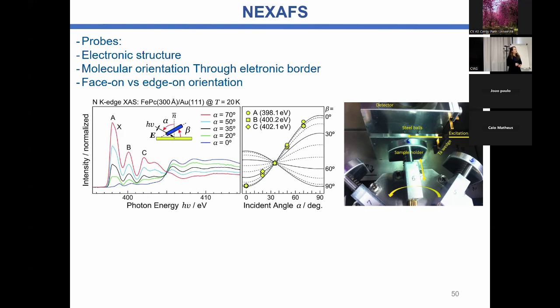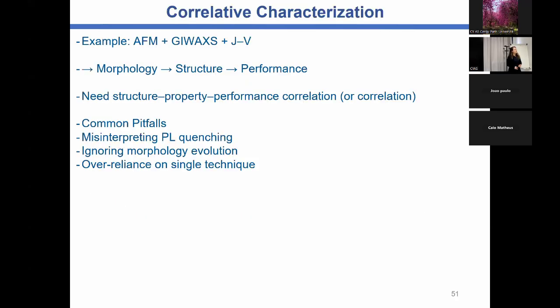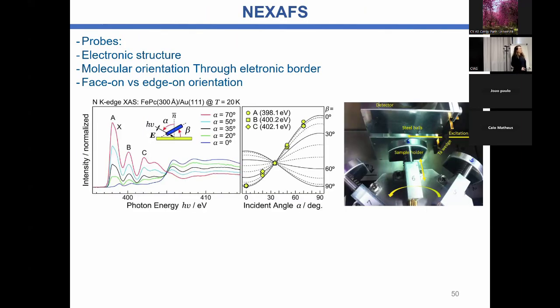So we can see, for instance, if they are face-on or edge-on orientation. And here's one example of the measurements and the spectra that we can have if we shift the angle between the sample and the light. We have this difference in the spectra, and you can see where there is higher absorption or not.